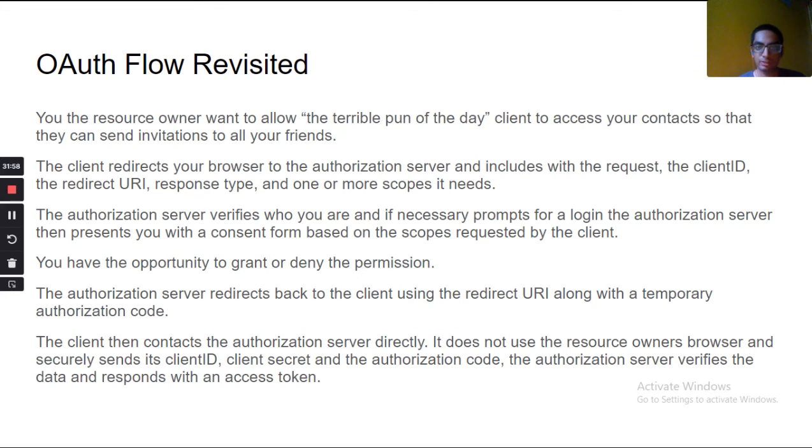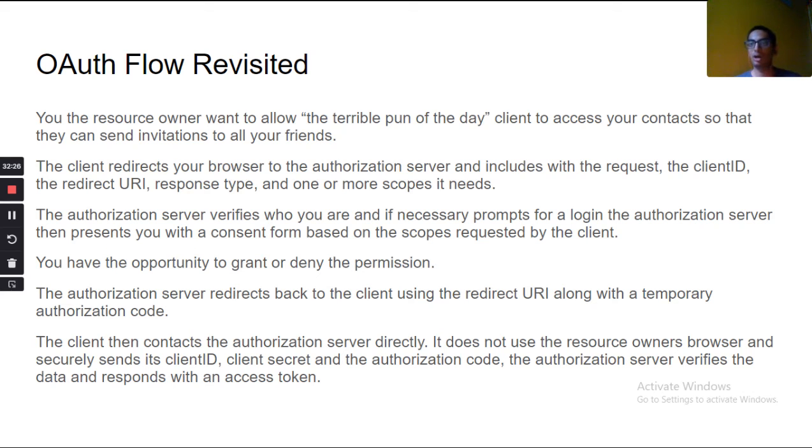So that's what is being stated here. The authorization server verifies who you are and, if necessary, prompts for a login. The authorization server then presents you with a consent form based on the scopes requested by the client. So once it knows that it is Abhinav who has logged in, the Gmail service will present a consent form.